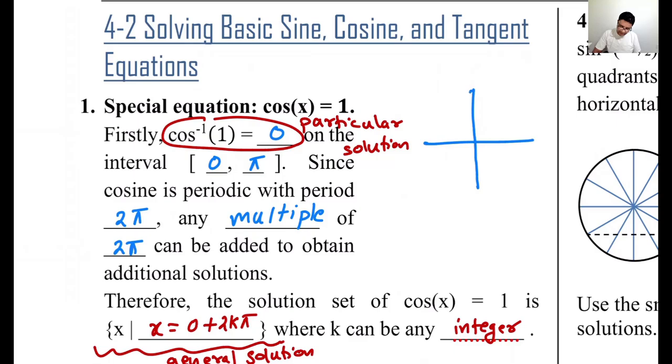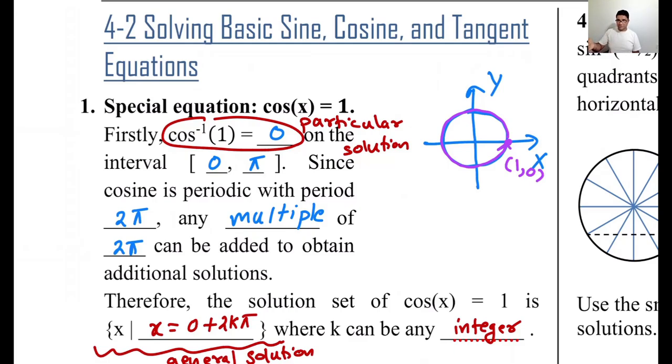This concept can be understood if you look at either the graph of the cosine function or the unit circle. I will show it both ways, so whichever way you remember at any point of time, you can use that concept. On the unit circle, the x coordinate is 1 at angle 0, and the only time it becomes that again is when you make one full cycle, 2 pi, and you're back there again, right?